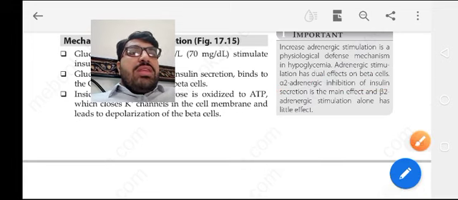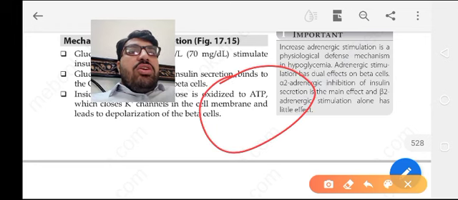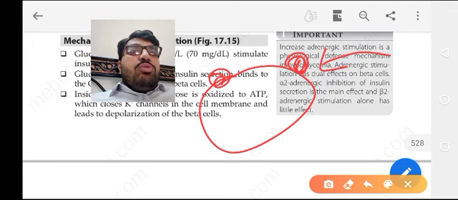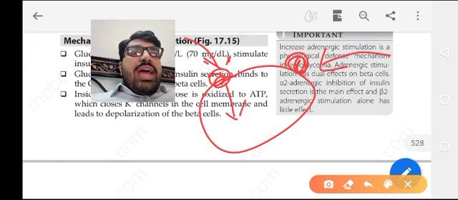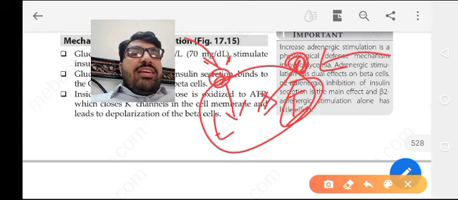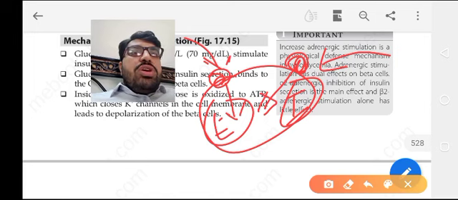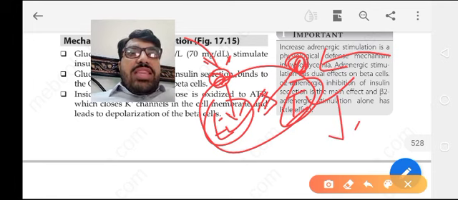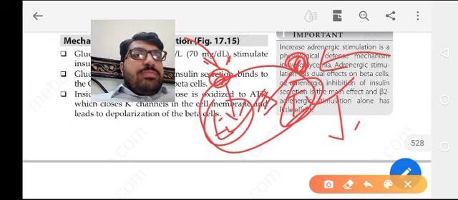Suppose this is a pancreatic cell, you are having the beta cell and the alpha 2 cell. If both are stimulated, the message from the beta 2 is excitatory and from the alpha 2 is inhibitory. There is a competition between the two, but the inhibitory reflex is more powerful than the stimulation reflex. So the net effect is decrease insulin production. I think I am clear over here.